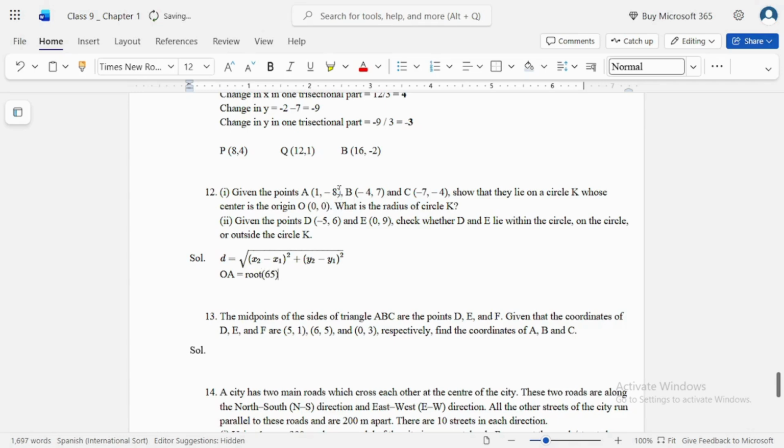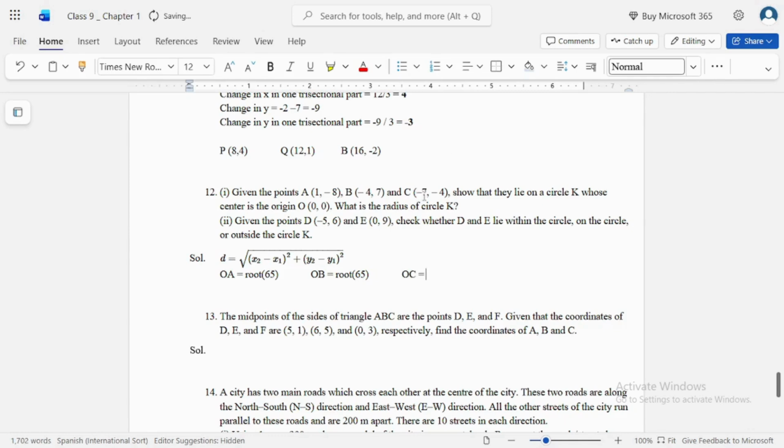Okay, similarly, what is the distance OB? This is square root of 16 plus 49. What is 16 plus 49? 65. This is also root of 65. Now let's find distance OC.